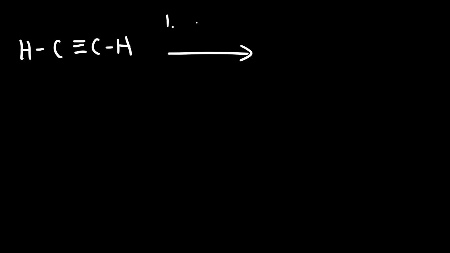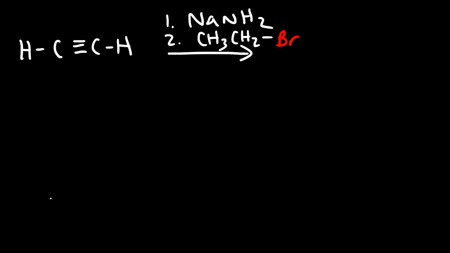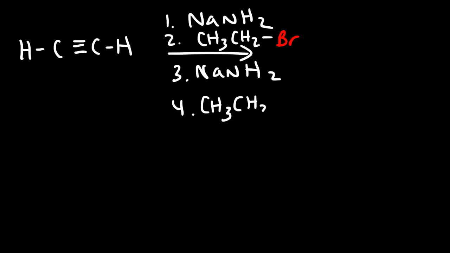Now let's work on another example. So starting with acetylene, in the first step we're going to react with NaNH2, and then in the second step we're going to use, this time, ethyl bromide instead of methyl bromide, and then in the third step we're going to use NaNH2 again, and then in the fourth step we'll use propyl bromide.